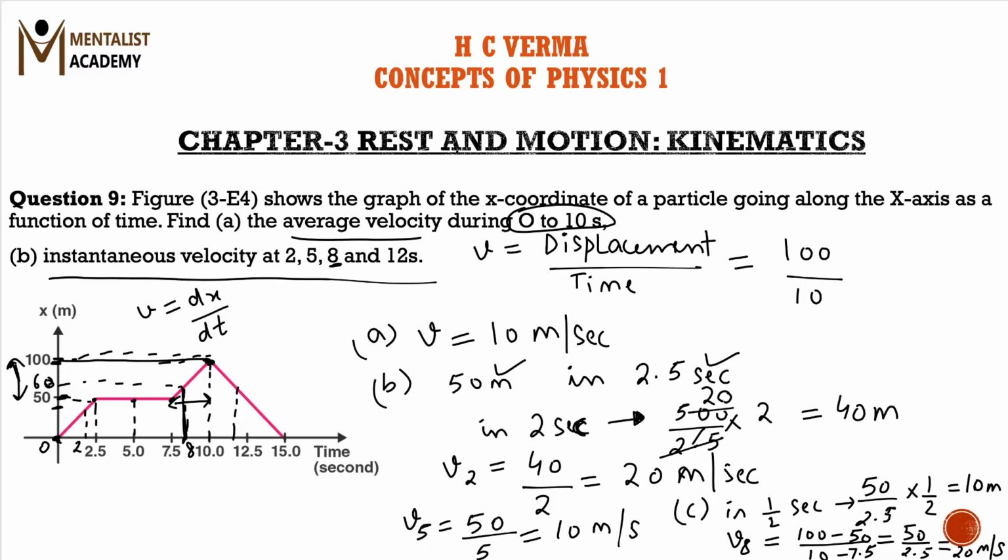Now the next thing is instantaneous velocity at 12. So the 12 lies on this side. So we just have to find the slope of this line. Therefore, the slope of the line would be change in position from 100 to 0 in time 10 to 15 seconds.